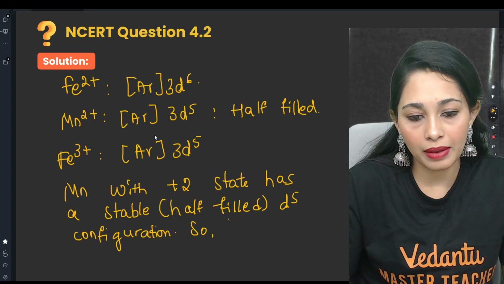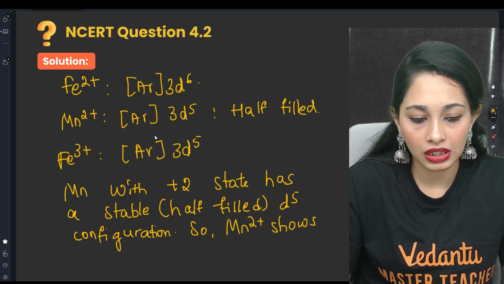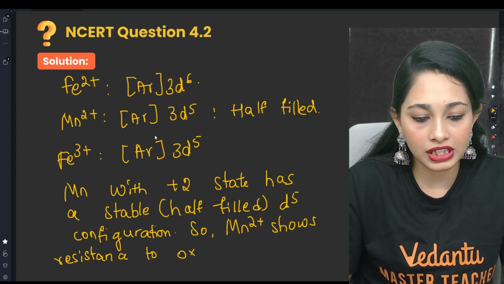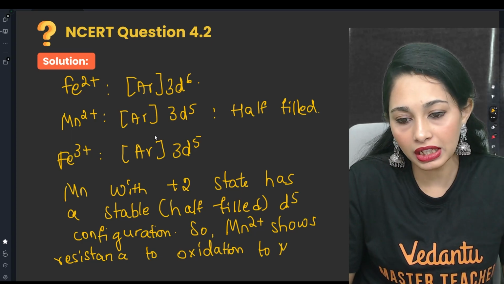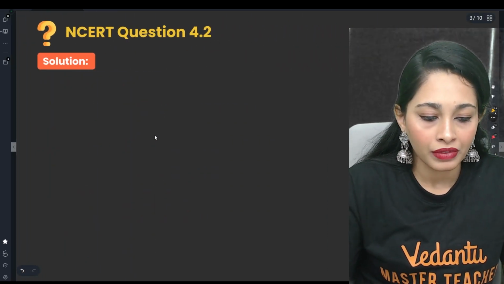So Mn2 plus shows resistance to oxidation to Mn3 plus, because Mn2 plus is already stable.